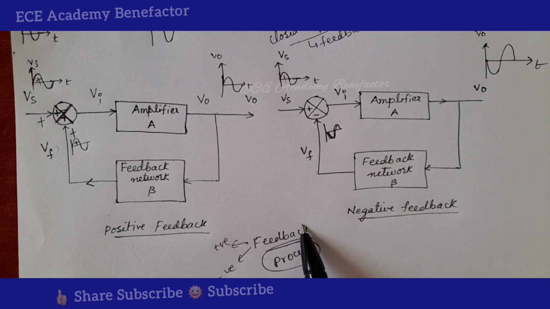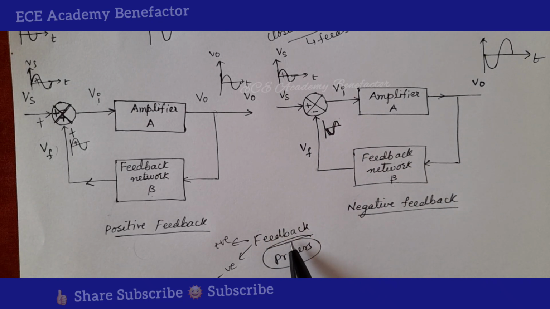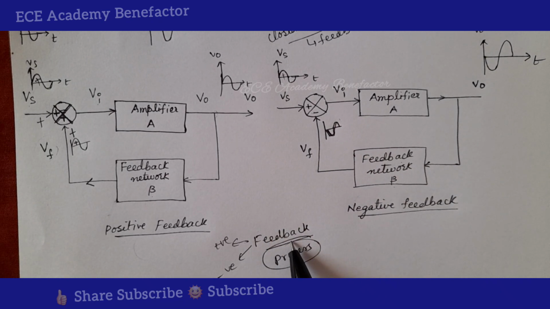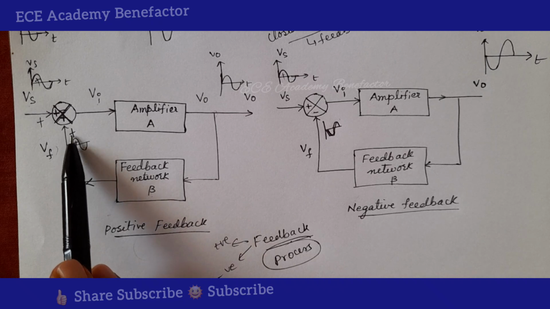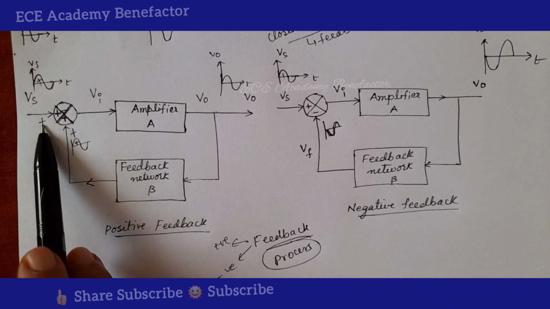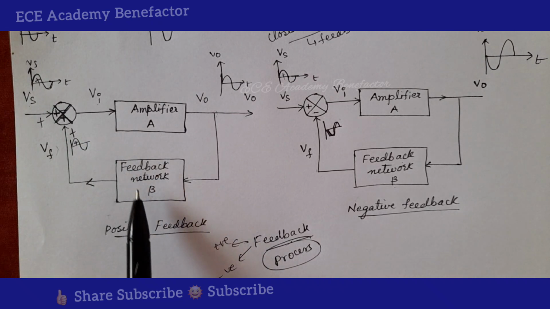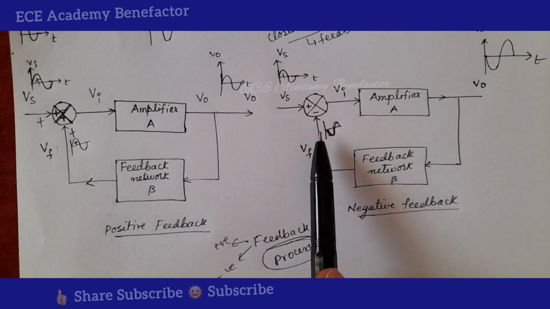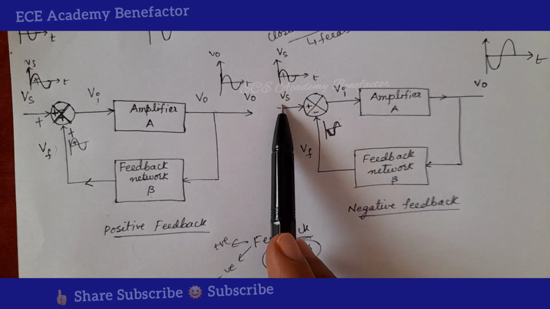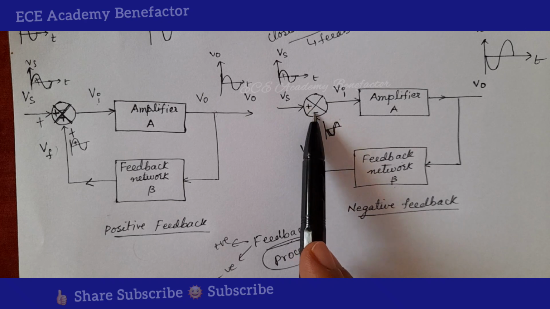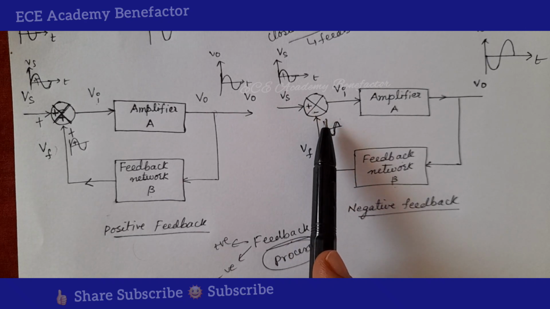So what is feedback? Feedback is a process of injecting part of the output back to the input. There are two types of feedback, positive and negative. When the feedback signal is in phase with the incoming signal, it is known as positive feedback. When the feedback signal is out of phase with the incoming signal, it is known as negative feedback.